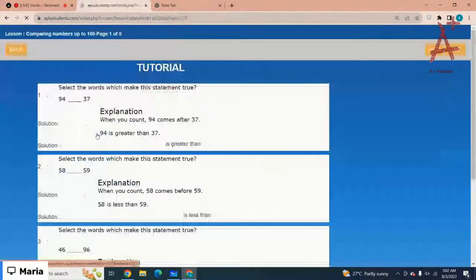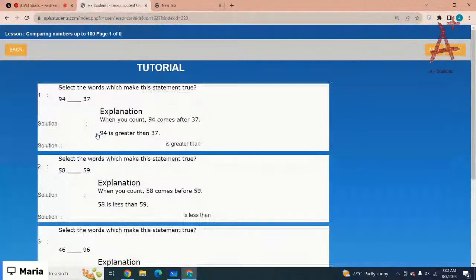When you count, 94 comes after 37. So 94 is greater than 37, because when you count, 94 comes after 37.